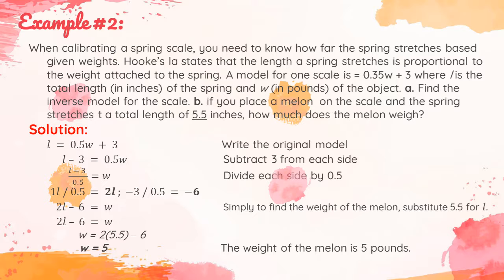Next, subtract 3 from each side. So, ibig sabihin po class, you can divide each side by 0.5. So, kaya po naging 1 ay L or length minus 3 over 0.5 is equal to W.